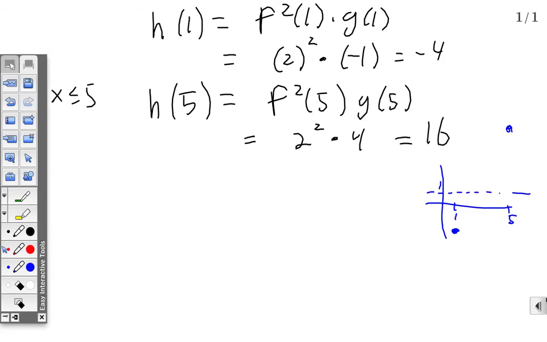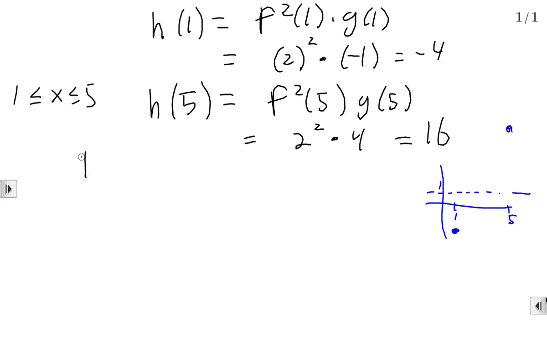So here's what we would say in terms of work. We would give our numerical evidence, this is required. How many steps you show is up to you, but showing h of 1 equals negative 4 and h of 5 equals 16 is required. And then we would say because h is continuous, the intermediate value theorem applies.